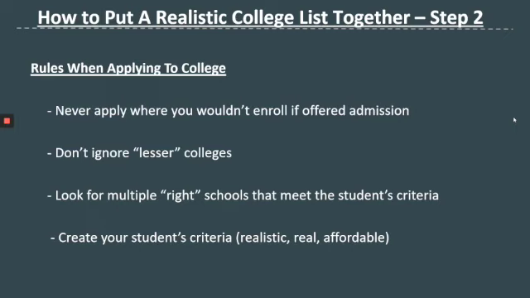And again, create your student's and your family's criteria, but make sure that in doing so, you're identifying colleges that are realistic, real, and that they live up to the reputation, the rumors, and the data and research that you have done so far, and that obviously are affordable and within your budget.